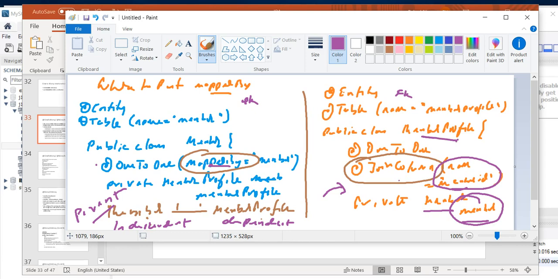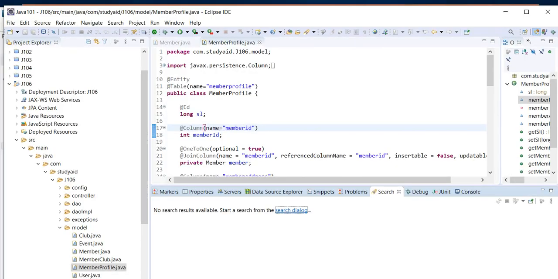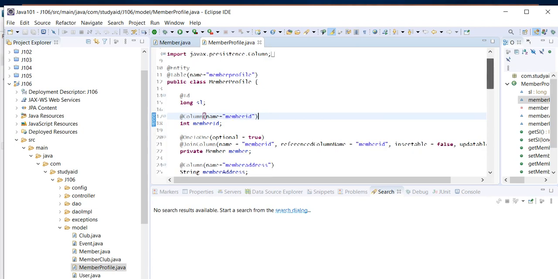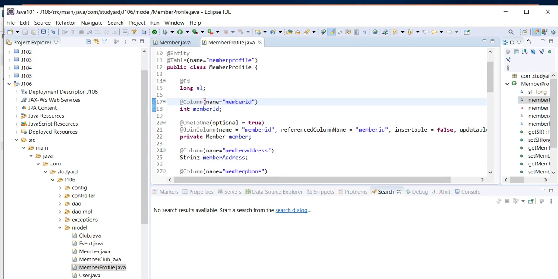Okay, now let's look into the Java code, how it looks like. And over here you can see that this is the member profile, which is a dependent one, entity annotation, table annotation. This is the primary key annotation, which is the serial number, and then we have defined this column.